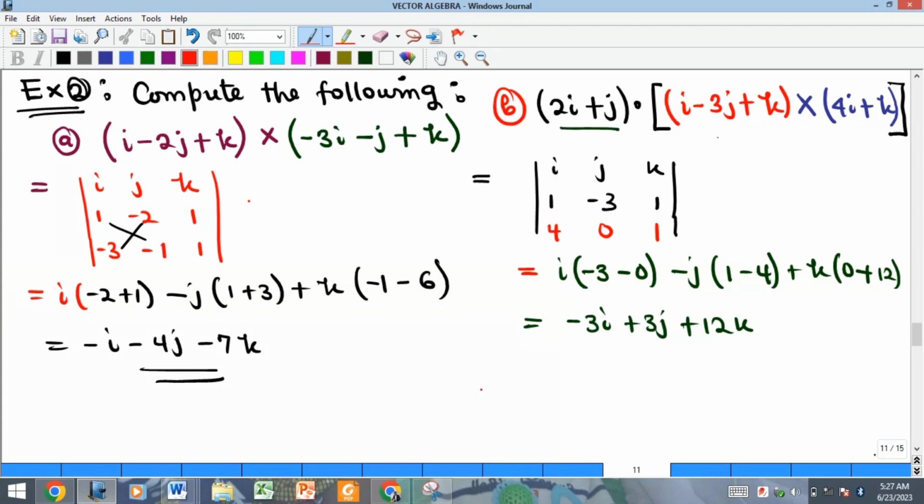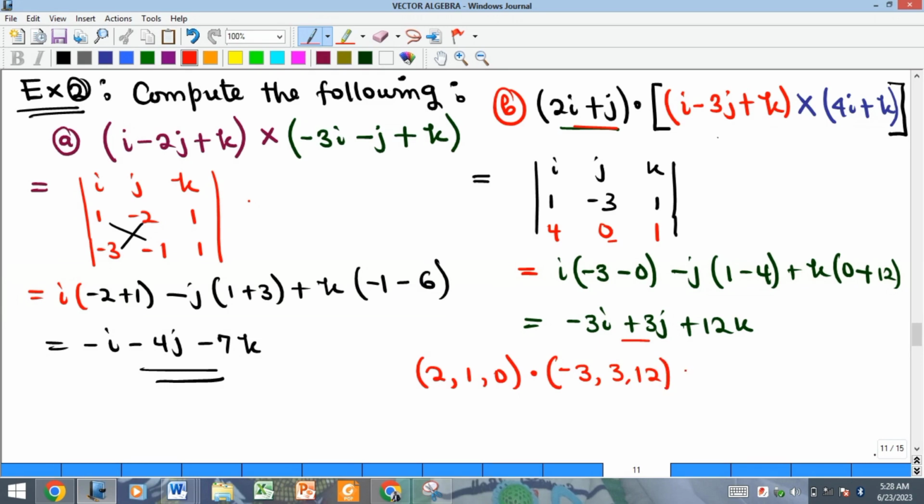Okay, so finally, then we will now have to take the dot product with the first vector given. And so all we need to do is to bring out the components there. The components here are 2, 1. You can see k is missing in this vector, and just like we did here, we will call it 0. Okay, so you take the dot of this with this other one, and that is minus 3, 3, and 12.